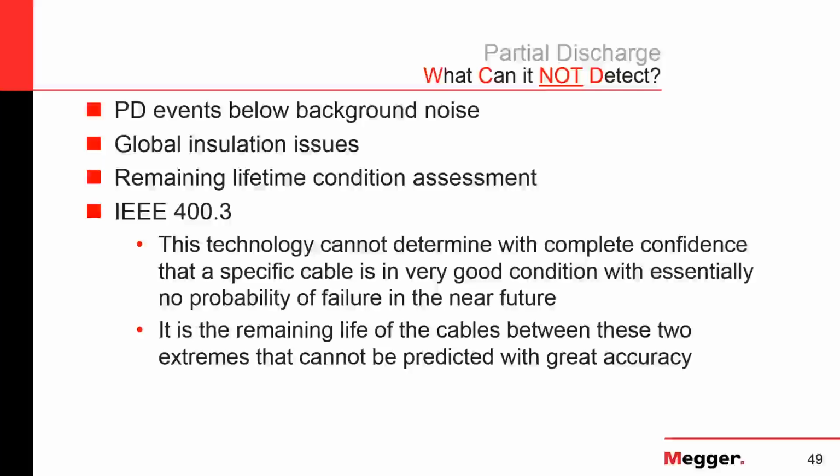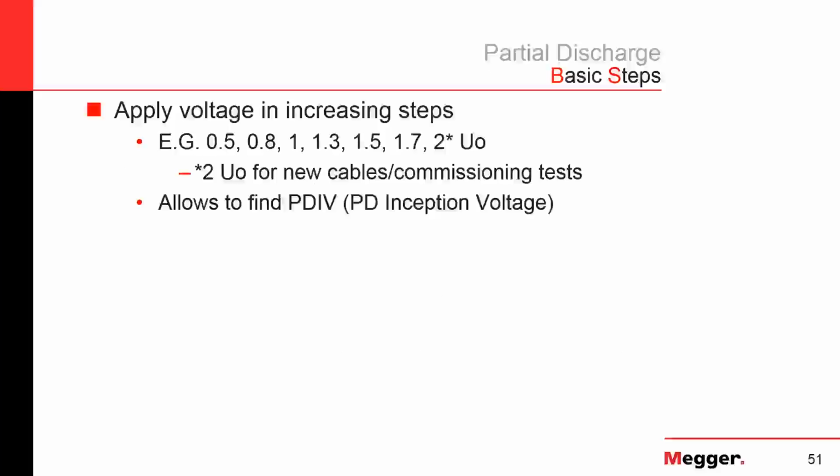I mean, that statement is talking about absolutes. Nothing's 100%, so that makes sense. It's the remaining life between a very good and a very bad cable that cannot be predicted with great accuracy. So trending, doing consistent measurements every couple of years where you get the trending data, helps a lot with being able to predict cable remaining lifetime.